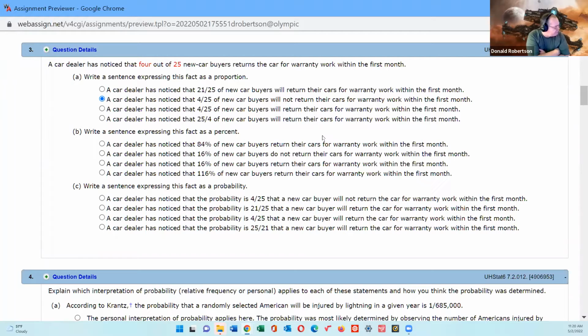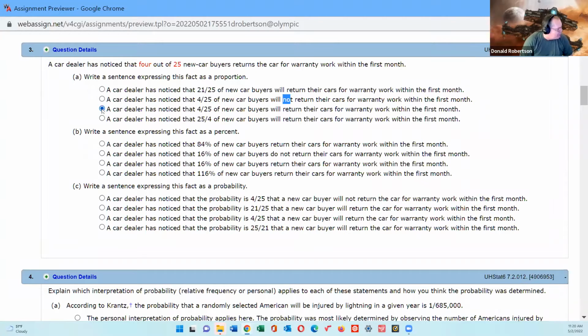What is the difference between the second and third options? So the second says that they're not going to return their cars for warranty work, whereas the third one says, oh God, I never saw the word not. Okay, I've used this excuse before, but shouldn't you always read the question carefully? Right, that's just what that is.